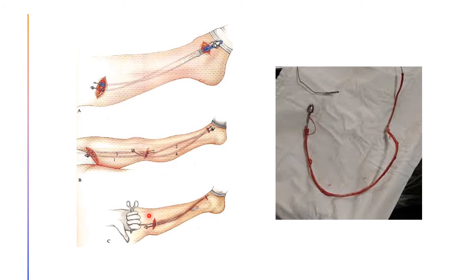Then using traction, this stripper is pulled through and it pulls along the long saphenous vein and it comes out like this. Okay, this is the head of the stripper and this is the vein that is being stripped, and this is the segment of the vein that is being delivered out from up here.